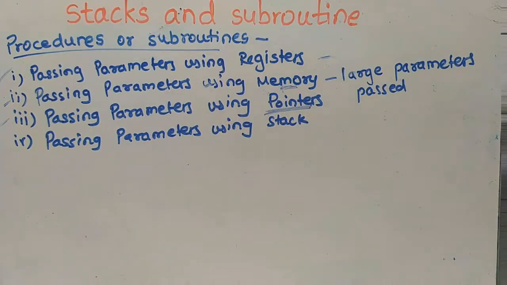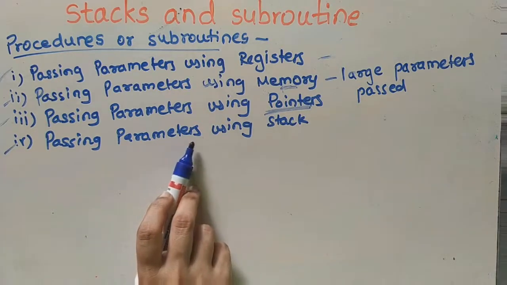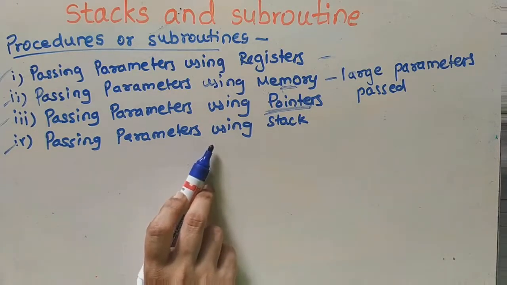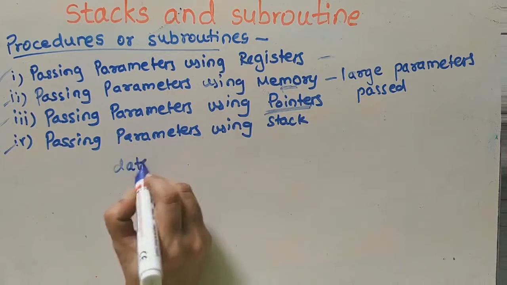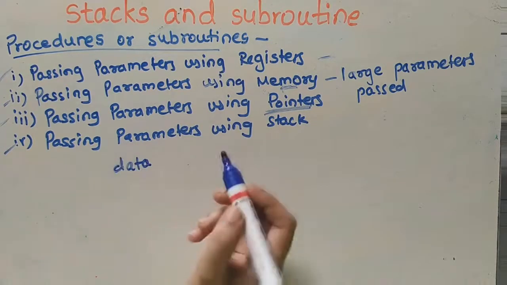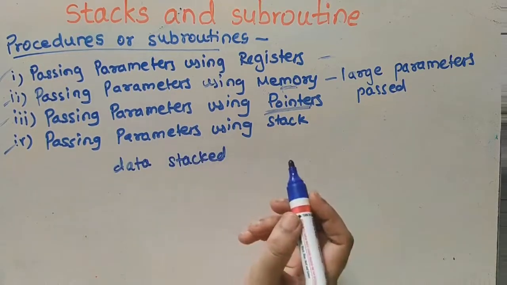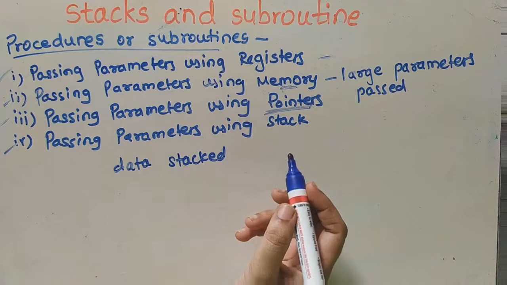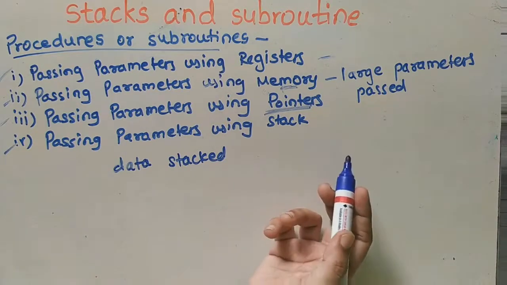The fourth method of parameter passing is passing parameters using the stack. First of all we have to push the data on the stack. The data or parameters to be passed should be stacked before the procedure is called from the main program.